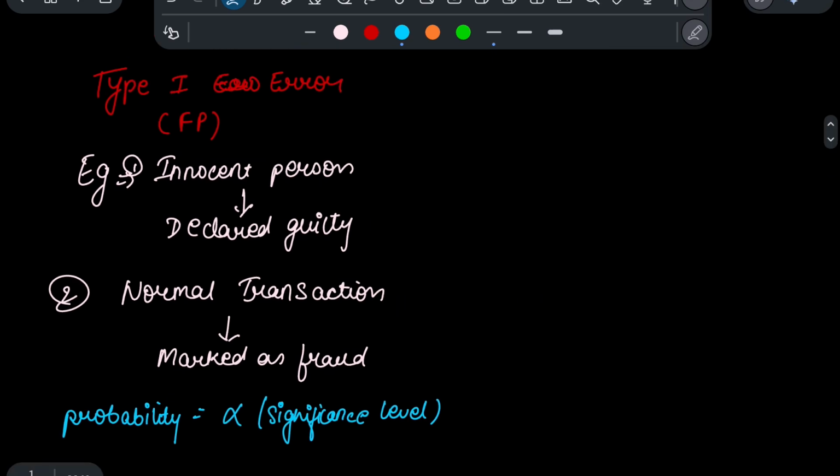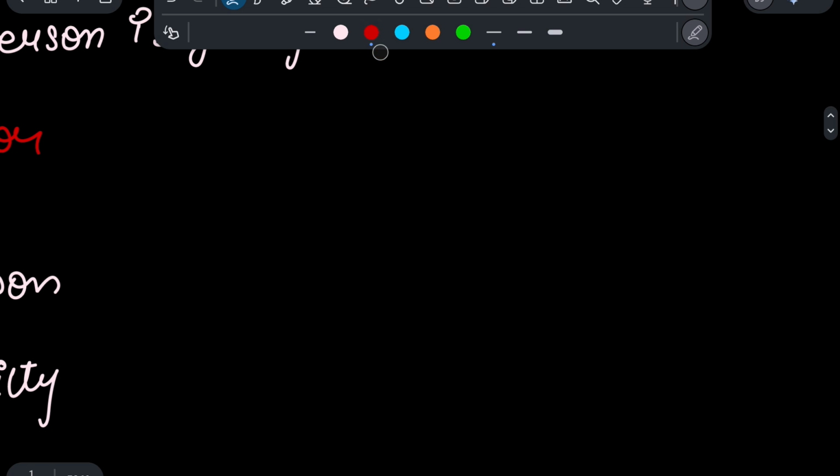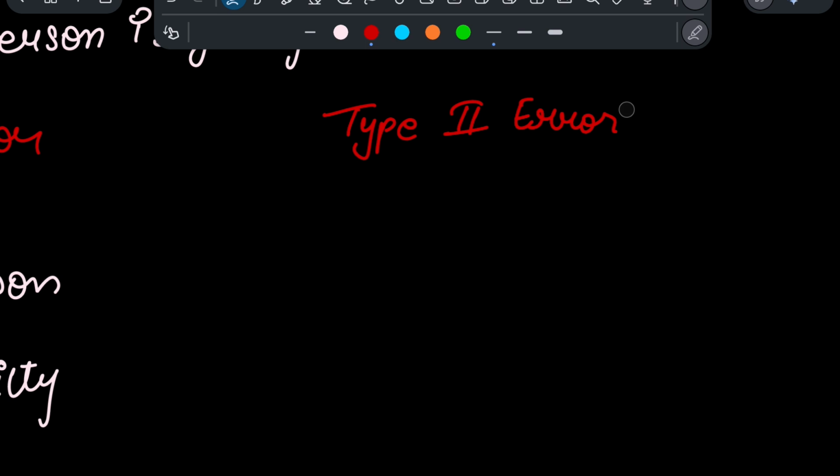Now let's talk about the second type of error, the type 2 error. By definition, a type 2 error is when you fail to reject the null hypothesis when the null hypothesis is actually false.